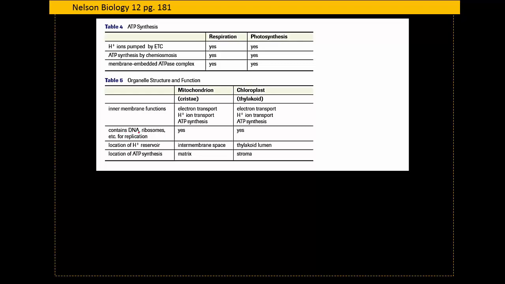DNA, being the genetic material, is not just located in the nucleus, although that is the major repository, how do you like that word, for the DNA, for the chromosomes, but there is DNA also present in the mitochondrion and in the chloroplast. This is called mitochondrial DNA or chloroplast DNA. And this has instructions on how to build more mitochondria or chloroplasts.